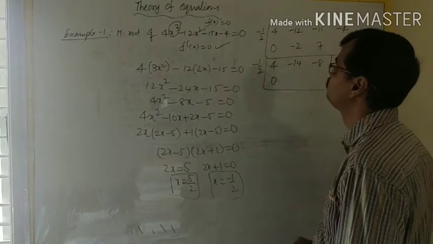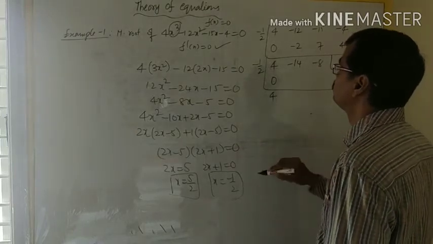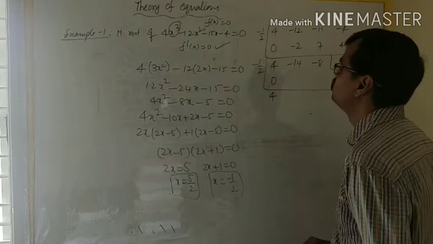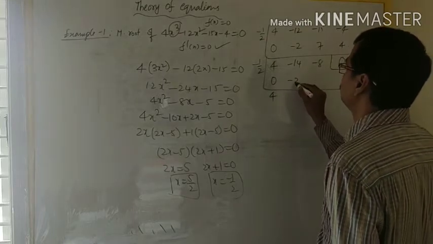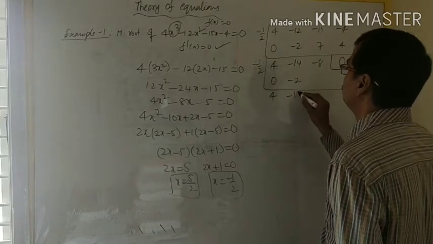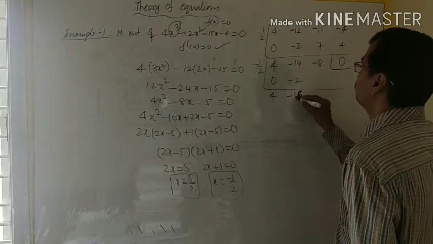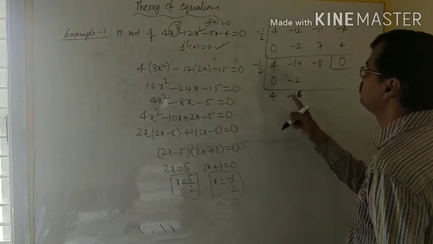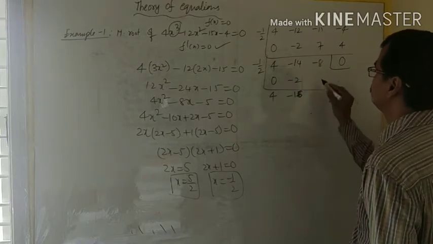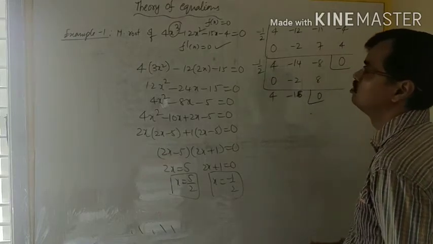So 0, that is 4. Minus 1 by 2 into 4 is minus 2. This is minus 18 minus 16. Minus 1 by 2 into minus 16 is plus 8. So 0.